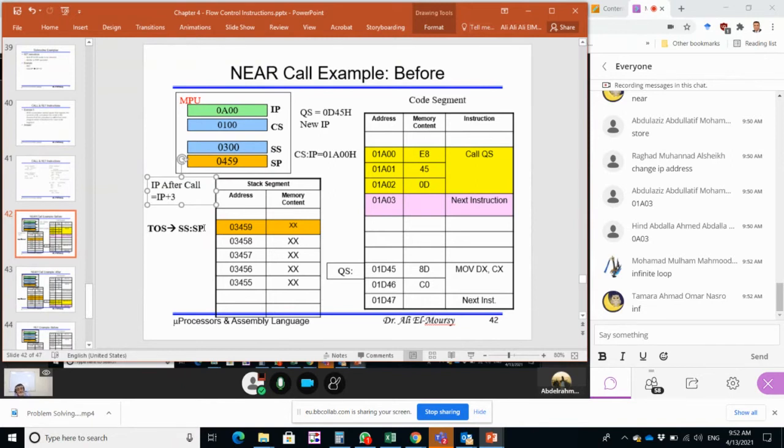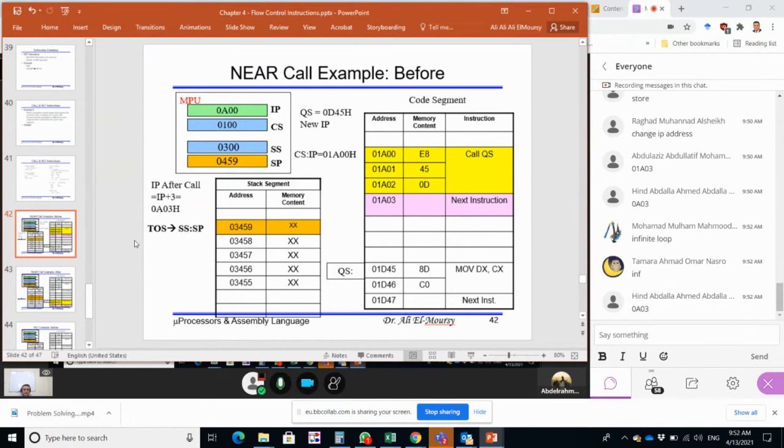What I want to push is the address after the call, which is the IP of the call plus 3. We have the IP here, so it equals 0A03 in hex. This is the address that should be pushed into the stack.